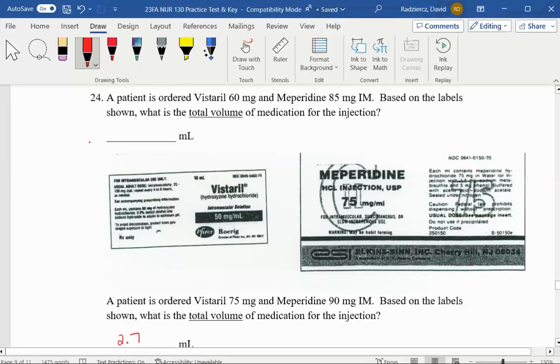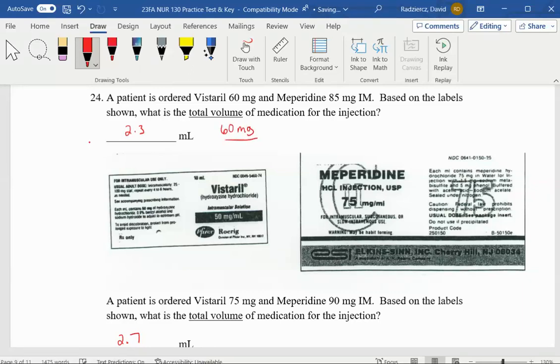for 24. So what are we doing? So if I'm doing order over available for Visceral, and if I'm doing order over available for Mepridine, that's where I get that 1.1333, and that's just repeating.